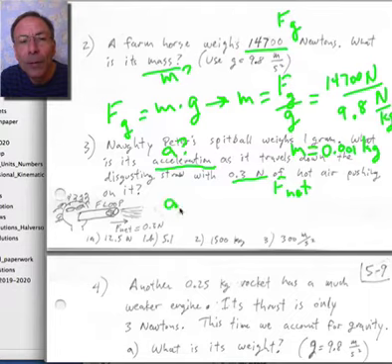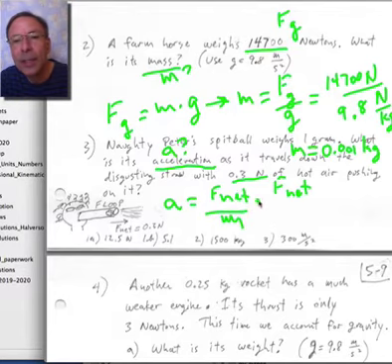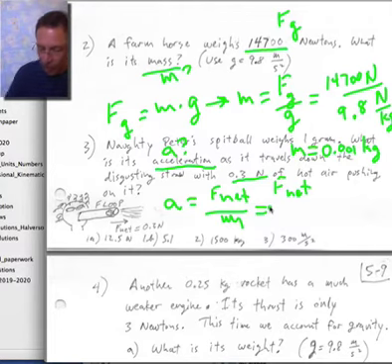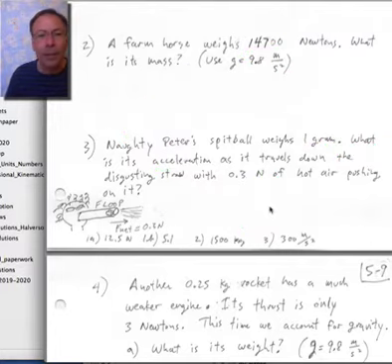Well, Newton's second law. A equals F over M, net force over the mass. And so we're going to put in the 0.3 newtons, the 0.001 kilograms, and get the answer. Okay. Let's keep going.